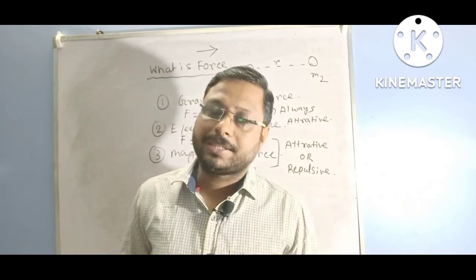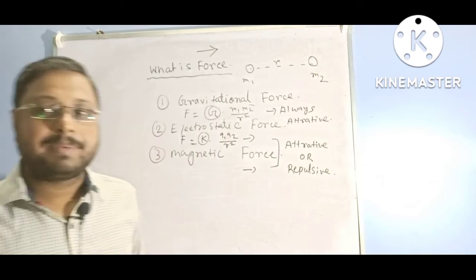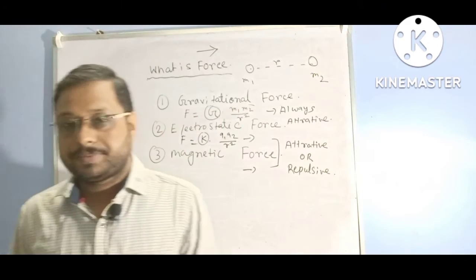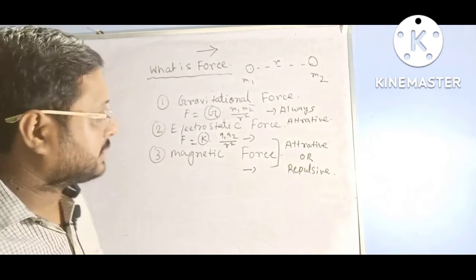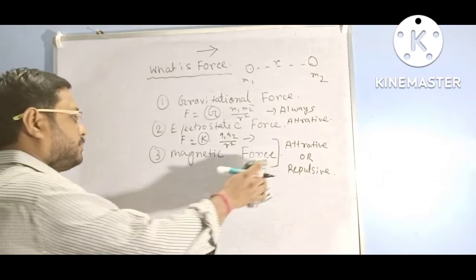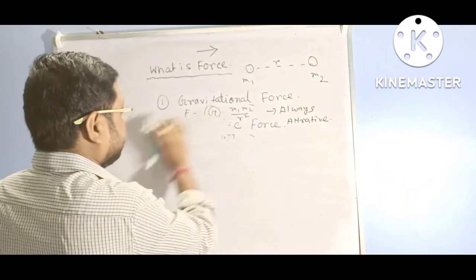So it can be repulsive or attractive. Electrostatic and magnetic forces are similar, but gravitational force is always attractive in nature. This is the basic theory of force. I hope you understand it easily.